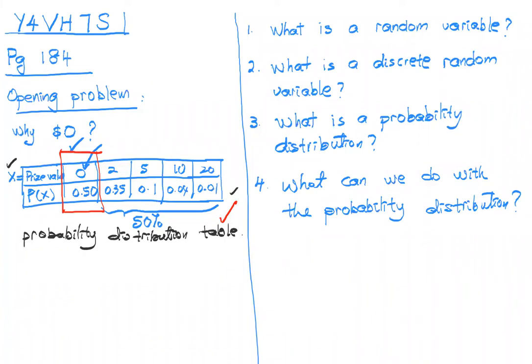Can predict the outcome. Okay, what do you mean by predict the outcome? Predict the most probable outcome. Yeah, the most probable outcome I can just read from here. So the highest chance is getting nothing, the mode.